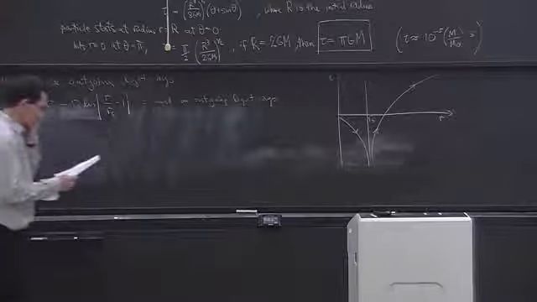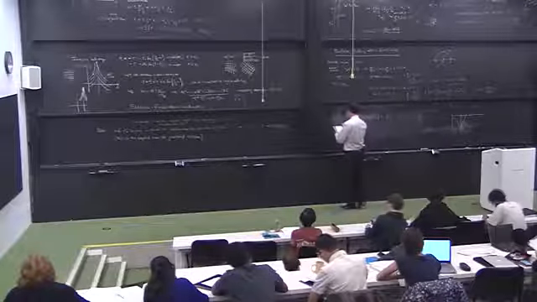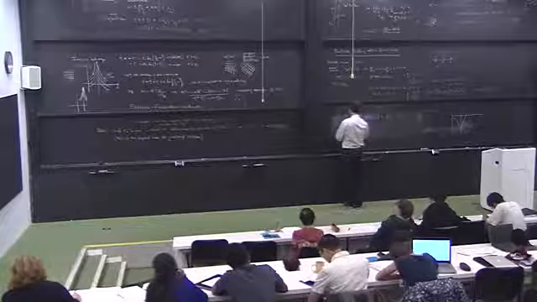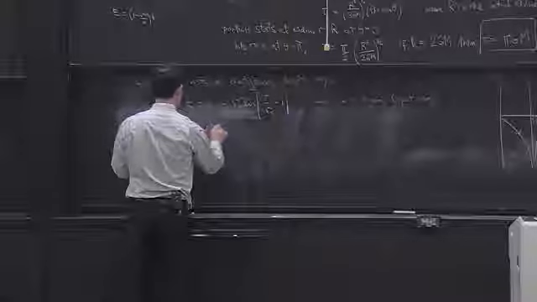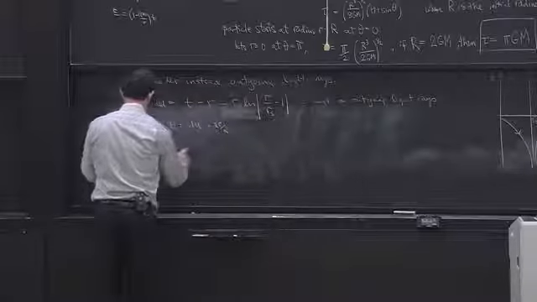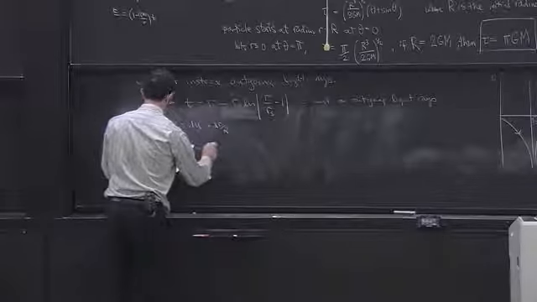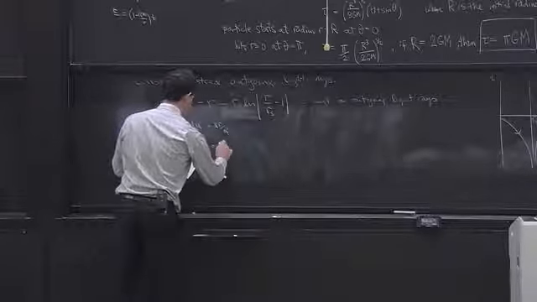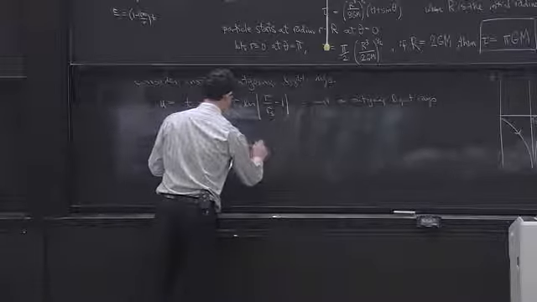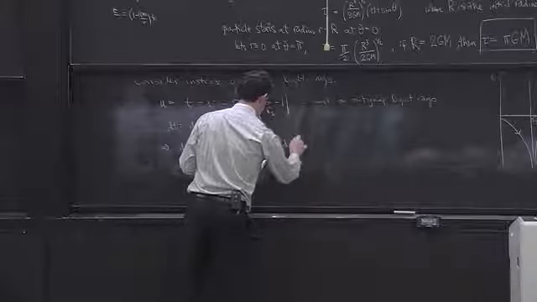And so now I can do the same trick. dt is du plus dr over alpha. And then the metric, the line element, ds squared is minus alpha du squared minus 2 du dr plus r squared d omega squared.